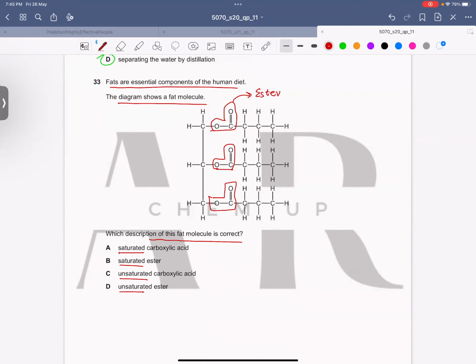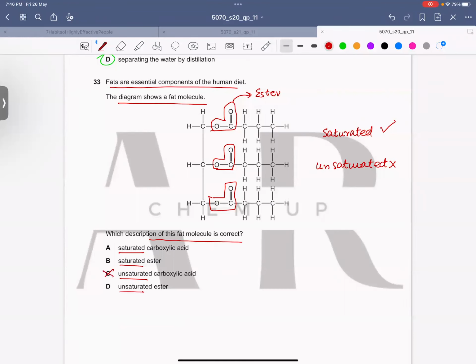Beside the ester functional group, there is no double bond between carbon-carbon atoms, which makes it saturated. It is not considered unsaturated.